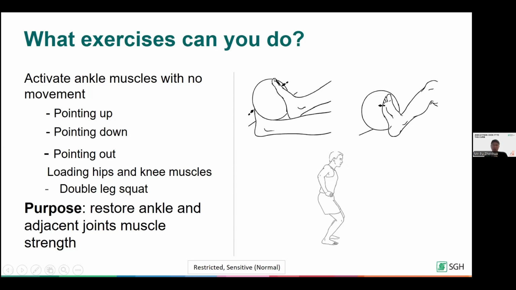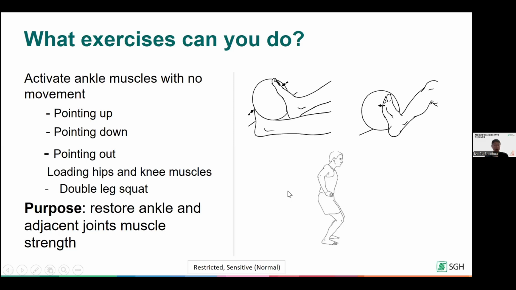The second picture on the right side is pointing your foot outward towards the wall, towards the ball. You can push in these 3 directions I mentioned just now and hold it for about 5 to 10 seconds. You can repeat 10 times, do 2 to 3 sets, 3 times a day, on a daily basis. That is especially for the muscle at the ankle level.